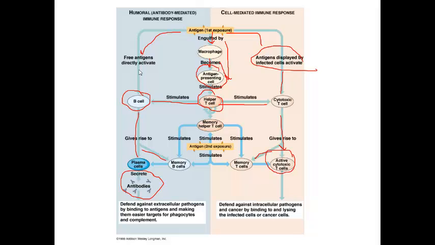However, the B cells can be activated directly by the antigen. If you look at this flow chart here, you can see it's divided up into two sides. The side in which the antigen is immediately combated using the cytotoxic T cells is what we call cell-mediated immunity. The long-term immunity in which antibodies are produced is called humoral immunity.